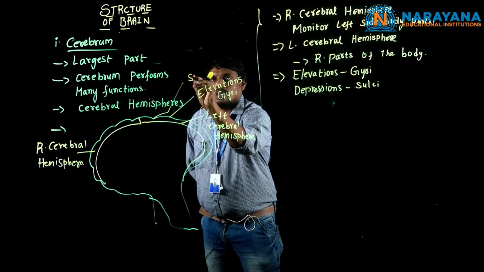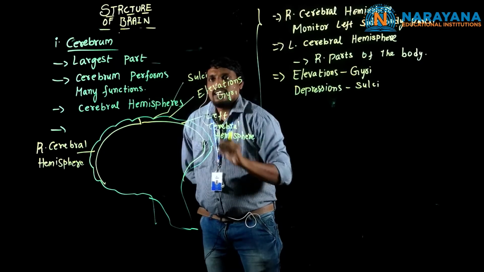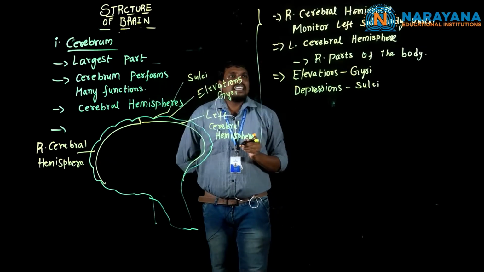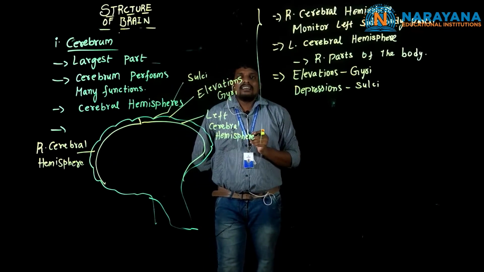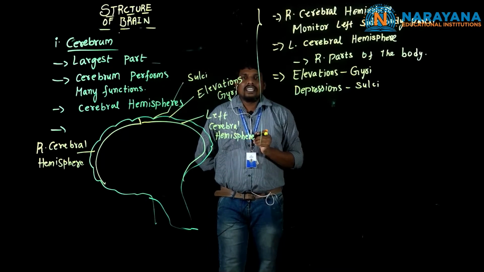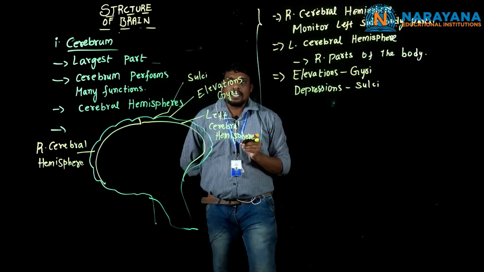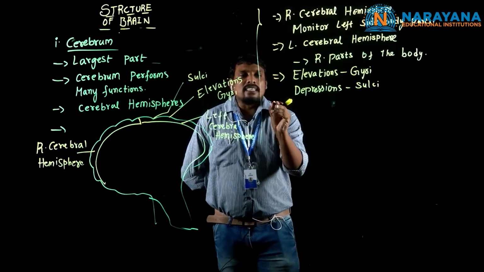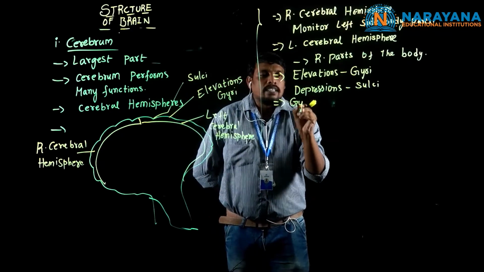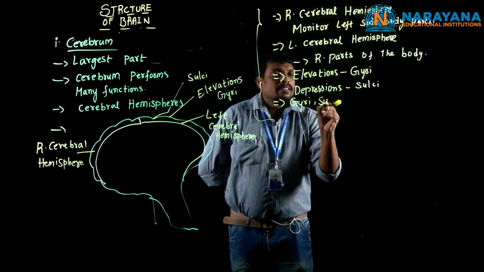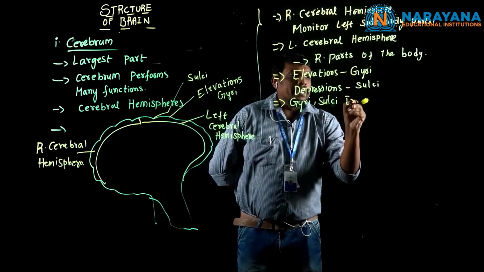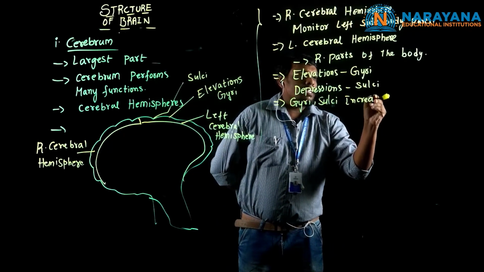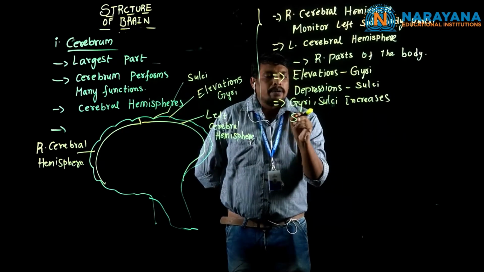These are sulci. What are the functions of gyri and sulci? Gyri and sulci increase the surface area of the cerebrum. Once again, gyri and sulci increase the surface area of the brain.